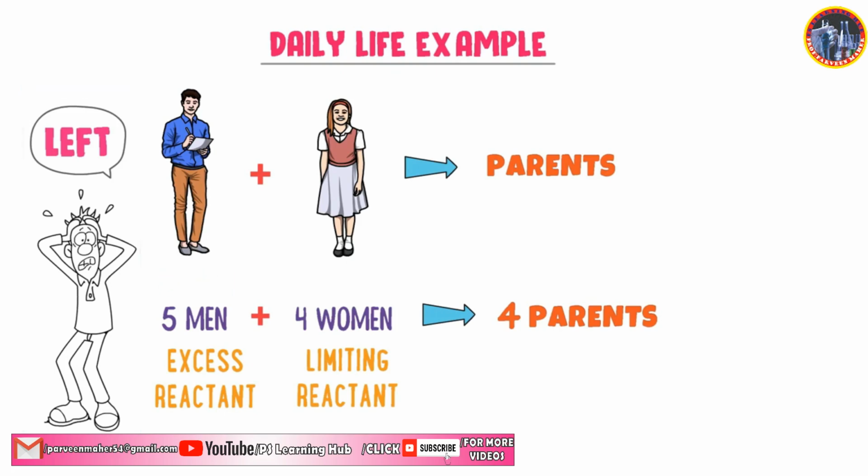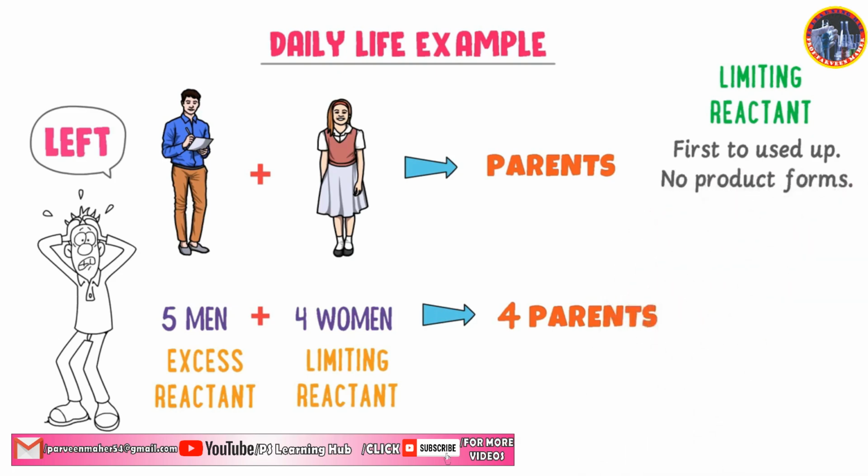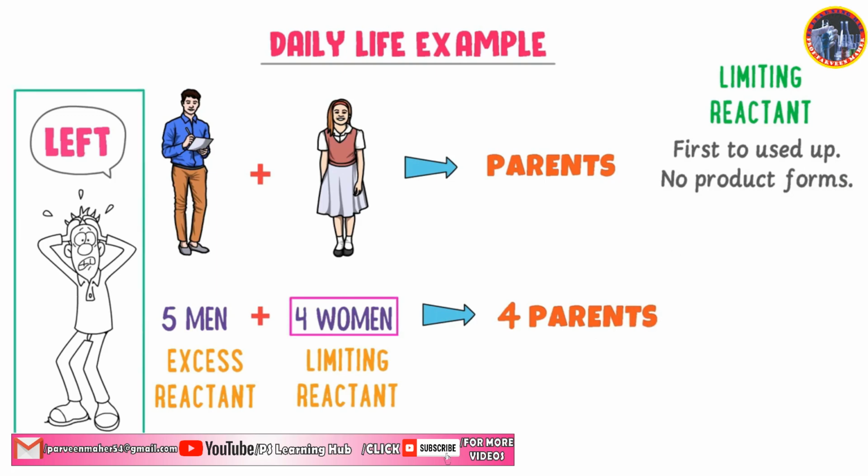Thus remember that limiting reactant is the first reactant that is used up completely in a chemical reaction. Secondly, once limiting reactant is completely used, no more product can be formed. For example, when 4 women completely accepted 4 men, the process of marriage stopped, even though this unlucky person is still waiting.